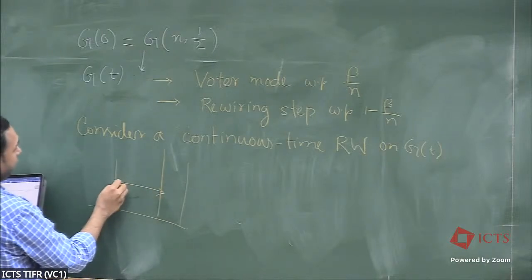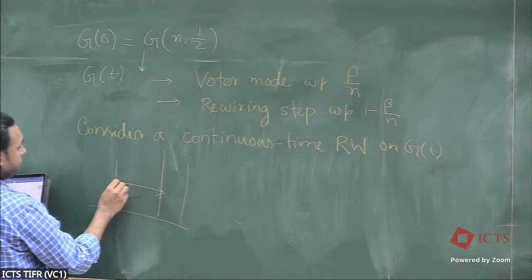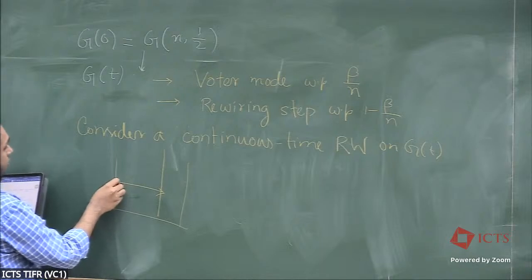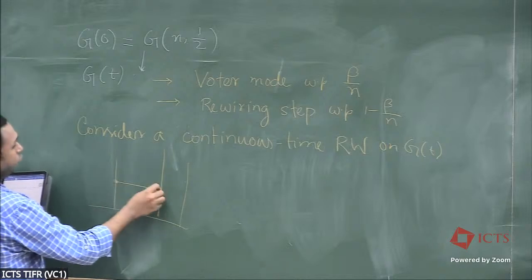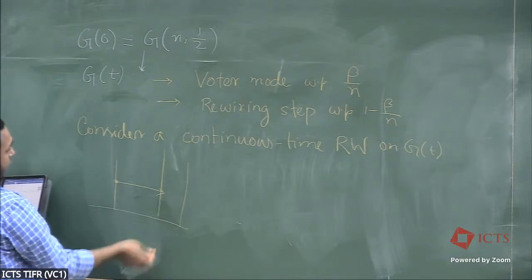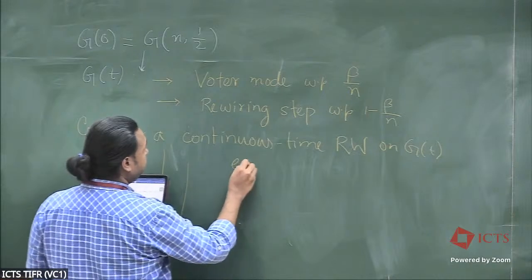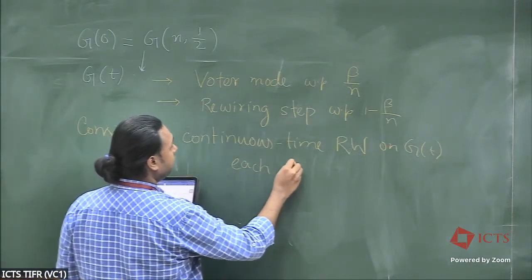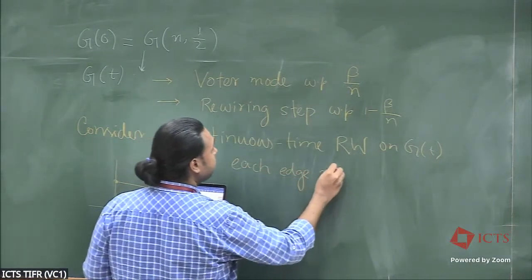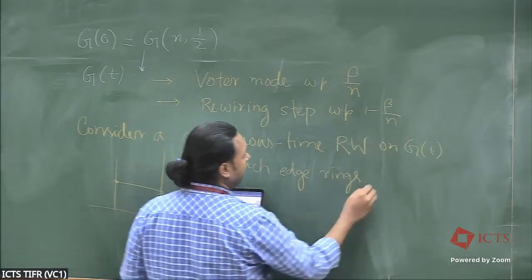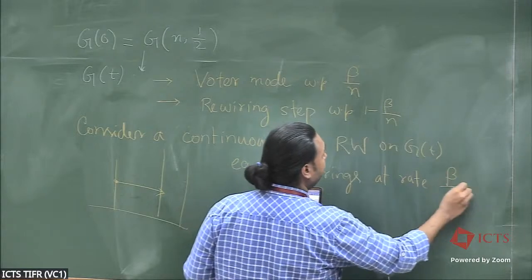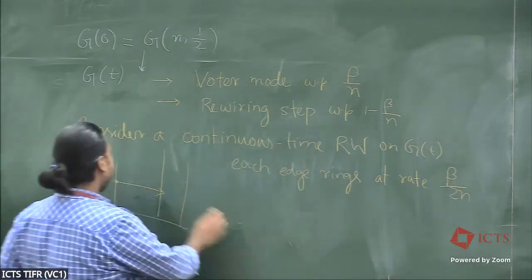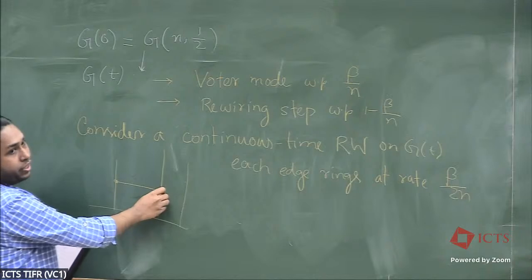Whenever an edge rings, if the walker is on the starting point of the edge, he moves to the other point. Each edge rings at rate beta by 2n, and if the edge rings, the walker just moves here.